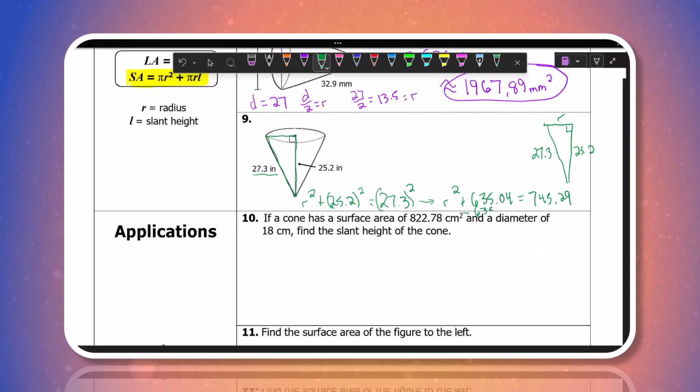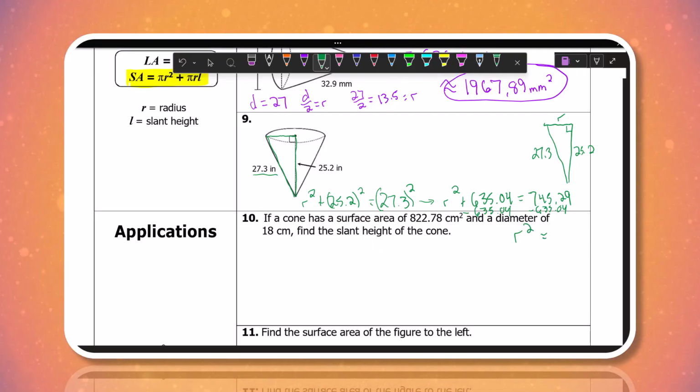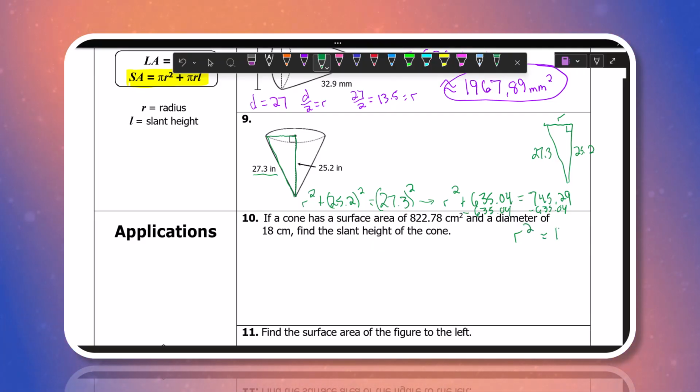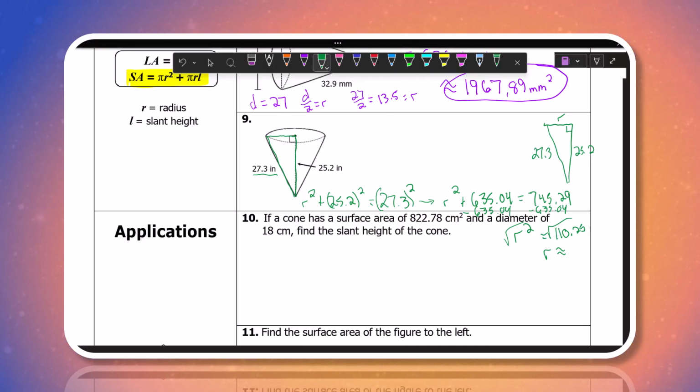Subtract that 635.04 to get R squared by itself. R squared equals 110.25. Then we square root it to actually get our radius, and it's approximately 10.5 centimeters. 10.5 is our radius.